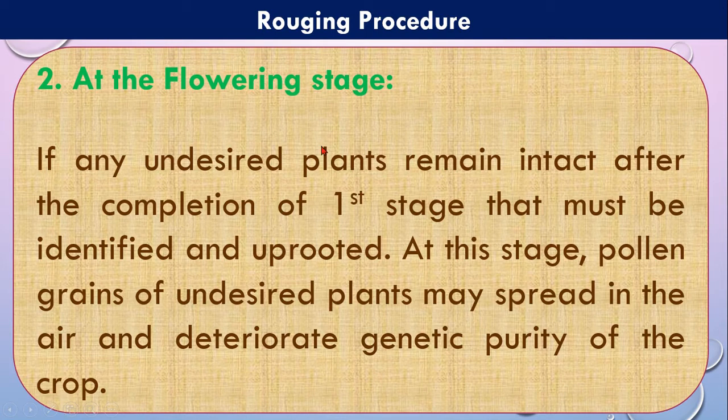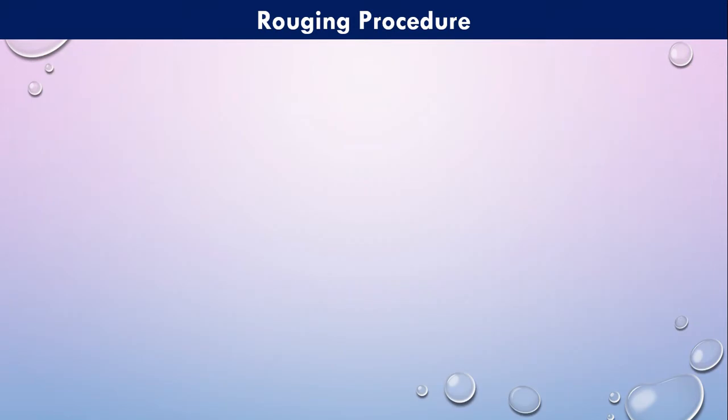That is called removing plants at the flowering stage. So if any undesired plants remain after the first stage, they must be identified and uprooted. At this stage, pollen grains of undesired plants may spread in the air and deteriorate the genetic purity of the crop. That means we have to do this a second time.